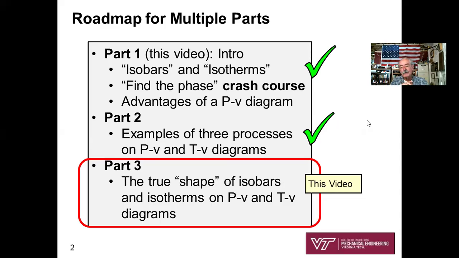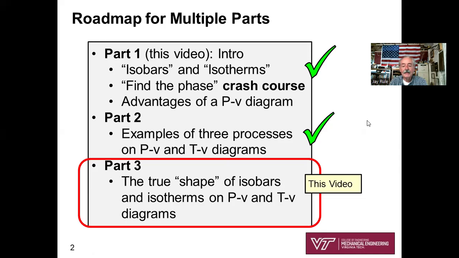And the purpose of this primarily is, back in part one, I said, trust me on this, I'm just going to have to ask you to memorize what an isotherm looks like on a PV diagram. And I'm just going to have to ask you to memorize what an isobar looks like on a TV diagram. And then I just went on from there.